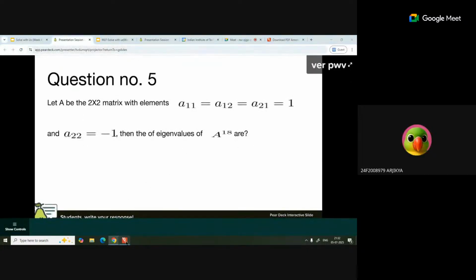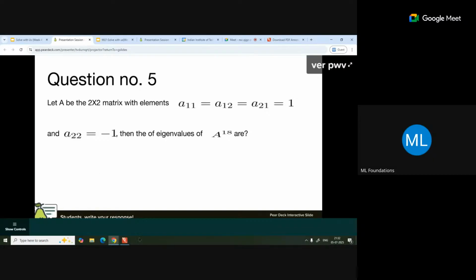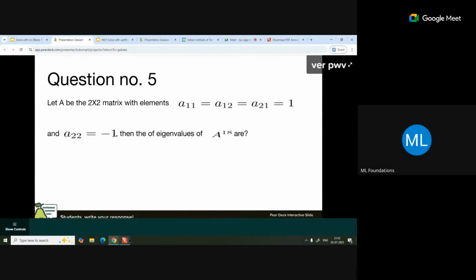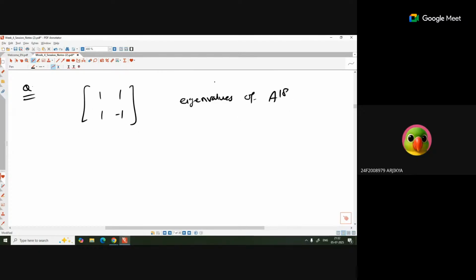All ones, 1 and minus 1, right? Because the A 2 element is minus 1. We need to find the eigenvalues of A to the power 18. That is the question, right?